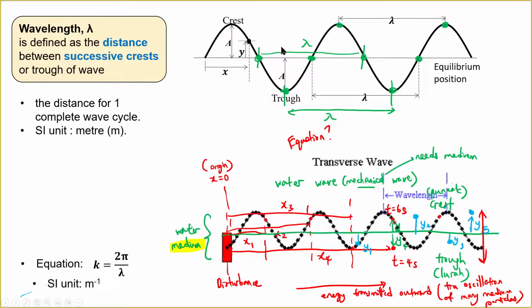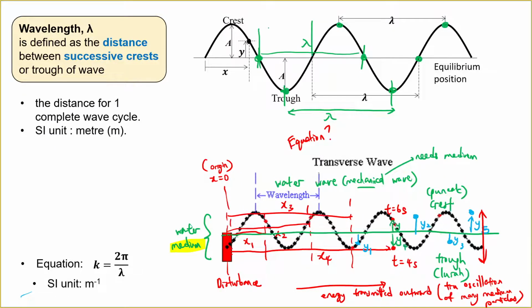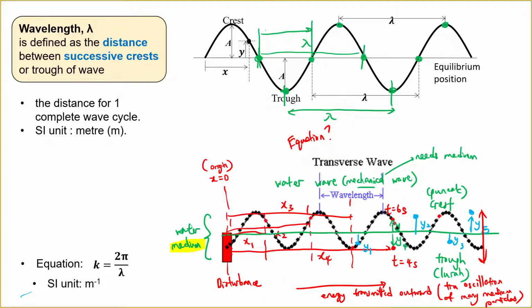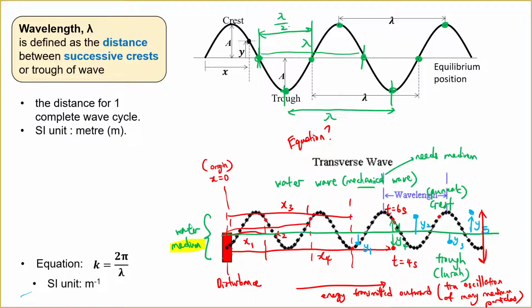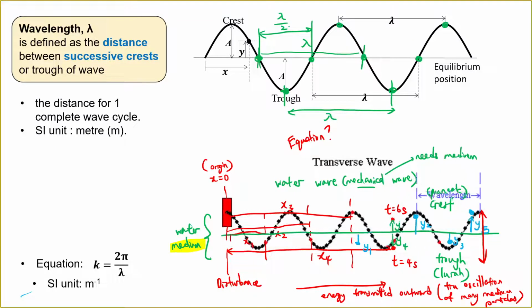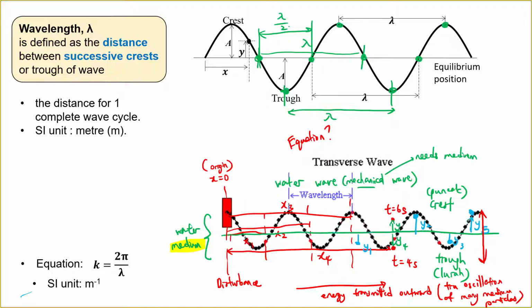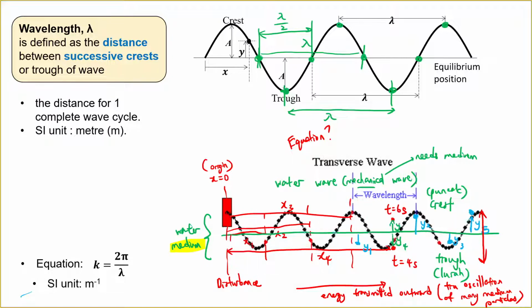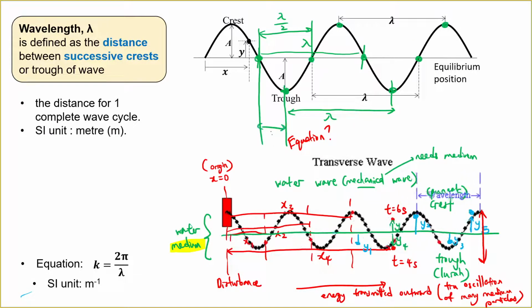But what about from here to here, class? What is this? Half wavelength, okay? Half wavelength, right? But let's say from here to here, how about it? How long is it?